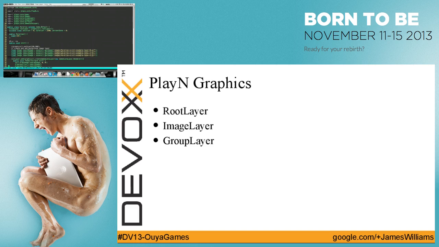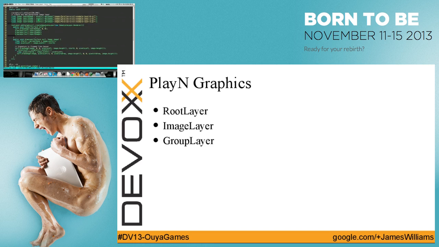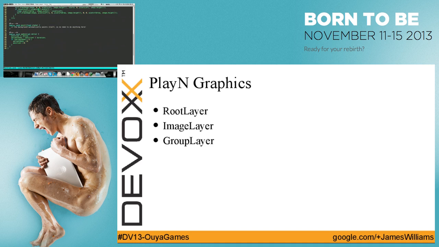As I was saying before, you extend from your game.default, and the constructor function takes an integer, and this 33 somewhat corresponds to refreshing 30 frames a second. We have our init function where we have some images being loaded, and we have our paint function and our update function.